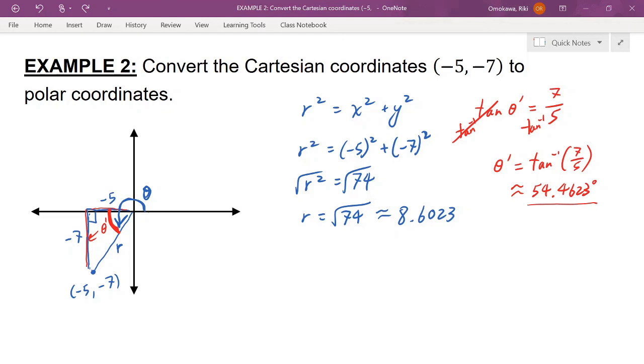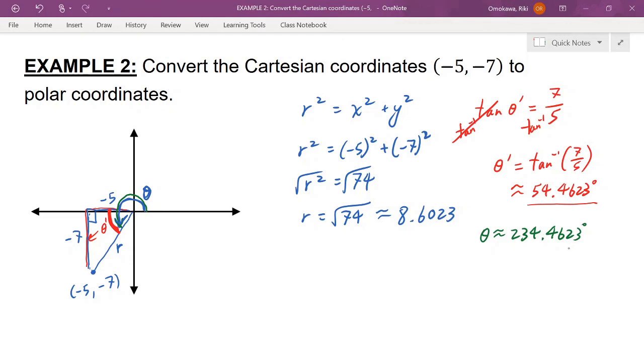So we start at 0, and we go around 180 plus this little bit, which is the 54 we found, right? So our actual final angle, our final answer for the angle then is 180 plus that 54, so around 234.4623 degrees. And now if you think about it, that angle is in the right quadrant.